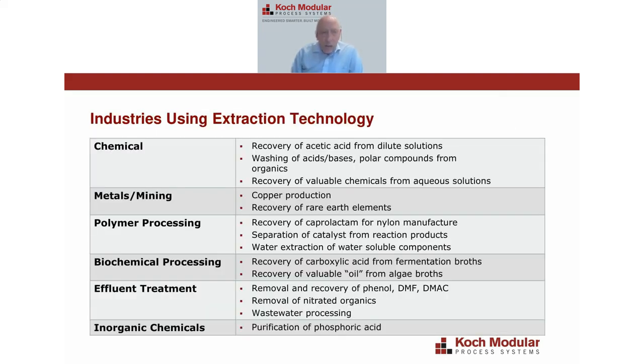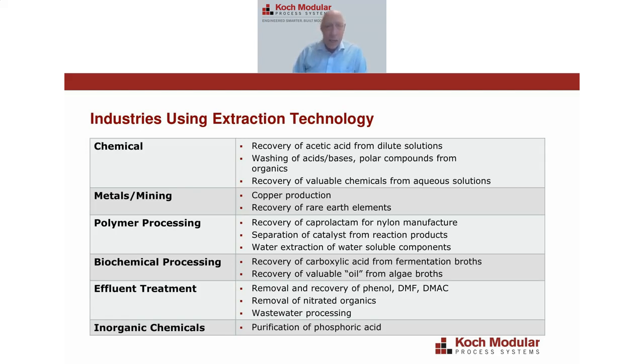This slide now shows a few specific industries and some specific applications for liquid extraction. Certainly the CPI industry heavily uses this technology, and to give a few examples, we've done a lot of carboxylic acid extraction from dilute aqueous solutions, acetic acid being one of the primary ones.